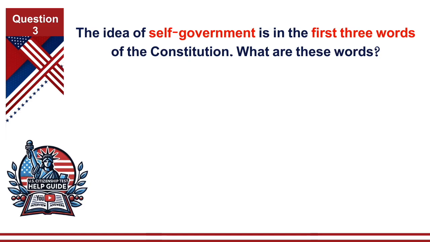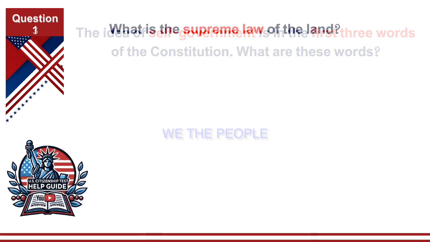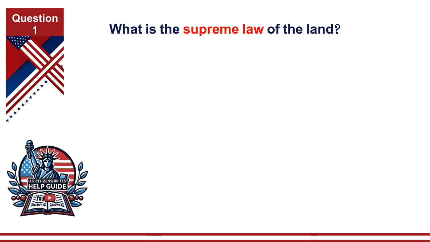The idea of self-government is in the first 3 words of the Constitution. What are these words? We the people. What is the supreme law of the land?